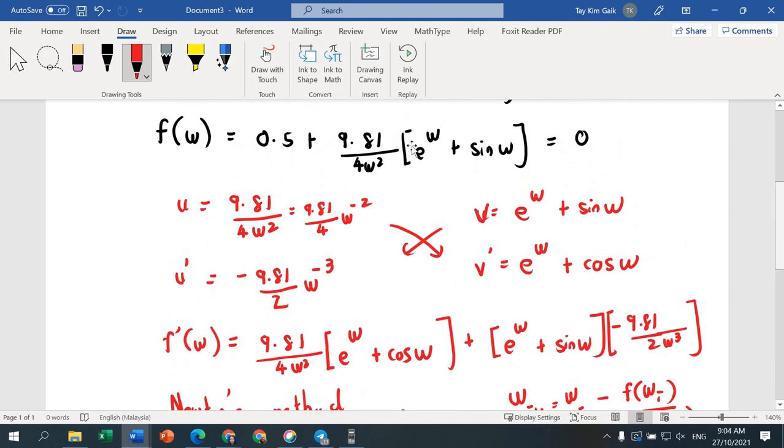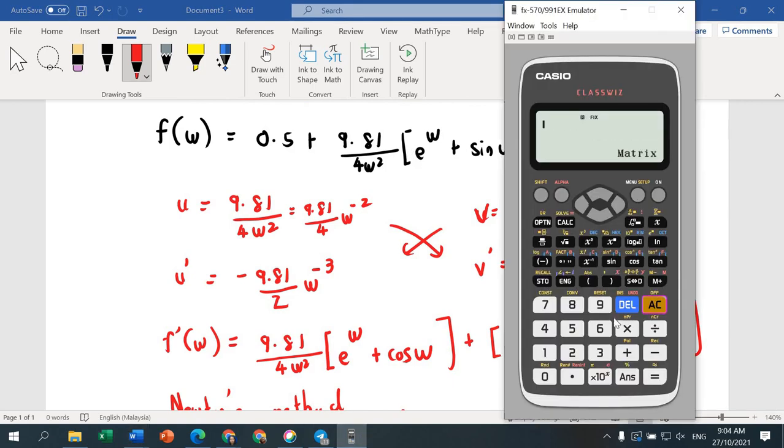If you use a calculator, this is your f w here, 0.5 plus... Excuse me.